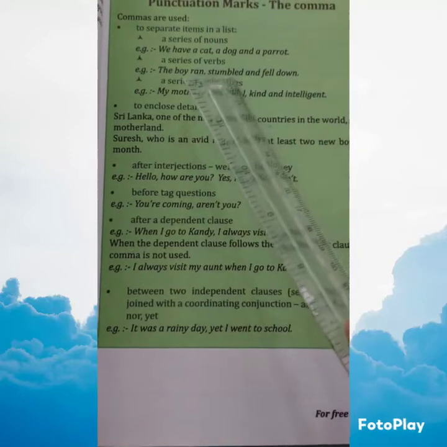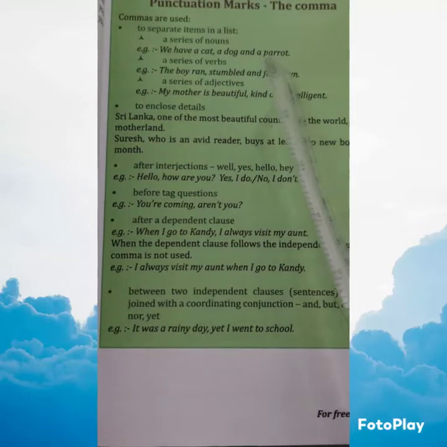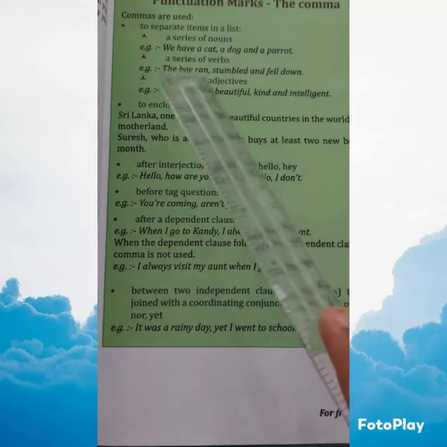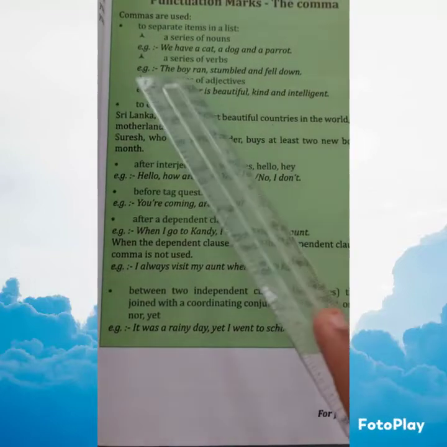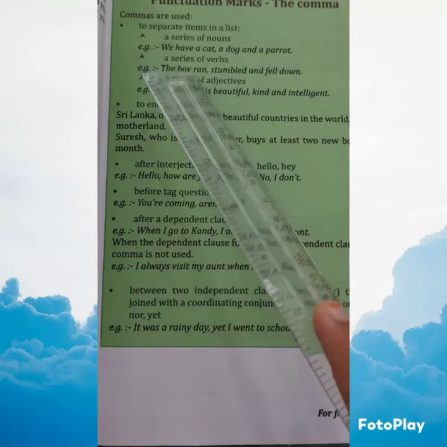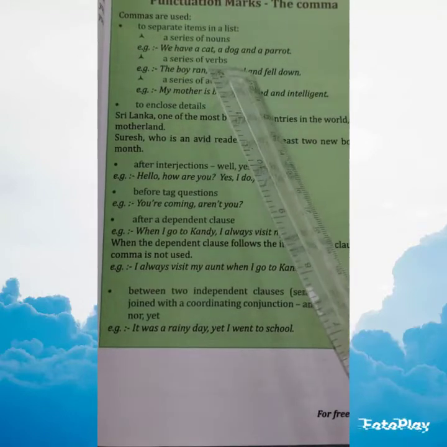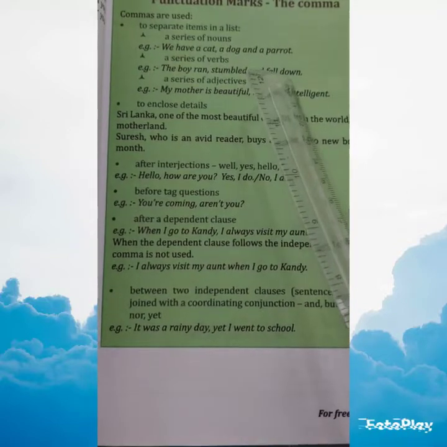Lost his balance and fell down. Fell down, what did he do? He fell down. Here you can see three verbs: ran, stumbled, fell down. Here they have used commas to separate the first two verbs, and they have used the word and to join the last verb.